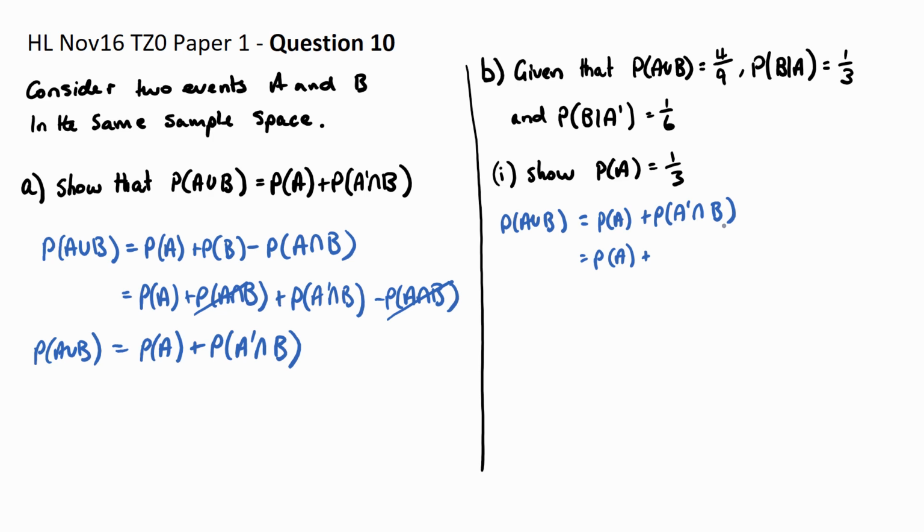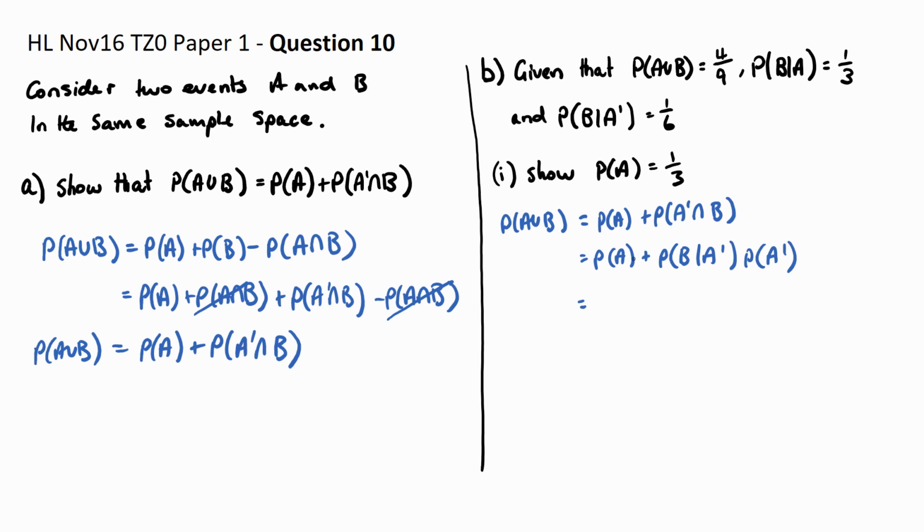If you have your formula book in front of you, this is actually the same as the probability of B given that not A times by the probability of not A. These are the same. If you're more familiar with it, this would equal that over that, but if we just rearrange it, that's what we get.